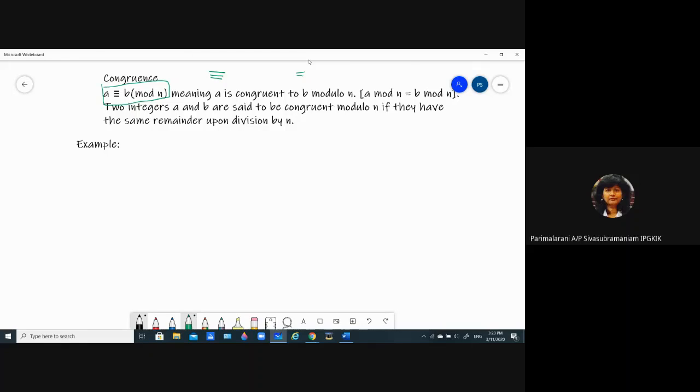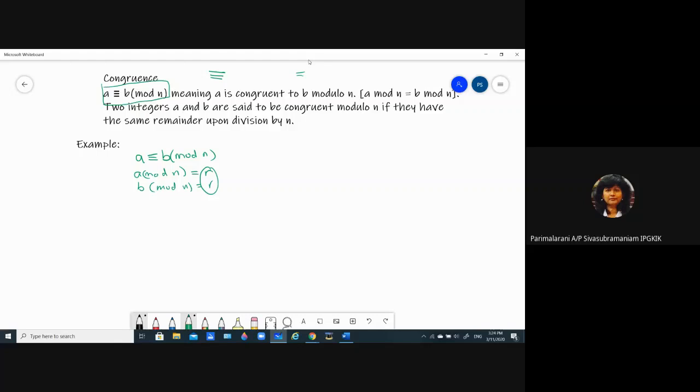Okay, what does it mean? It means that A mod N has the same remainder as B mod N. Okay, A is congruent to B mod N. This means that by dividing by N, A has a remainder that is the same as B mod N. These two remainders are the same.